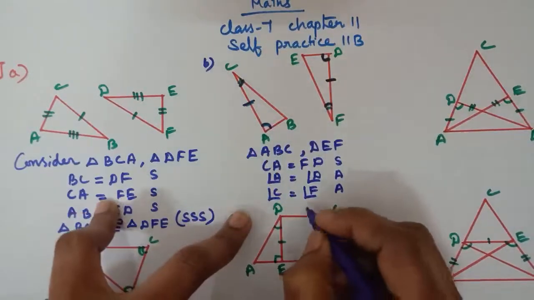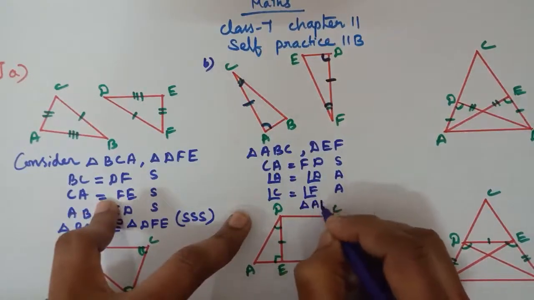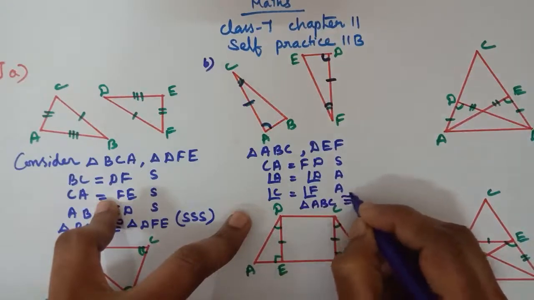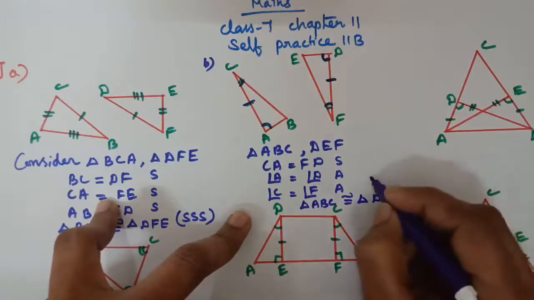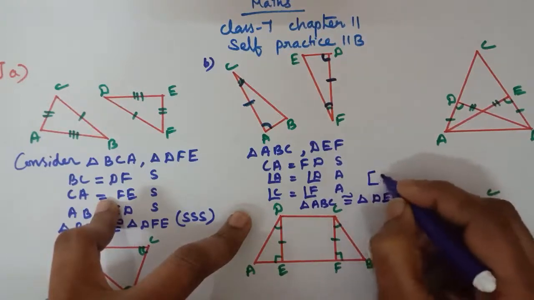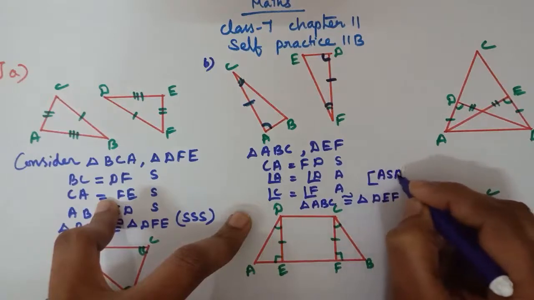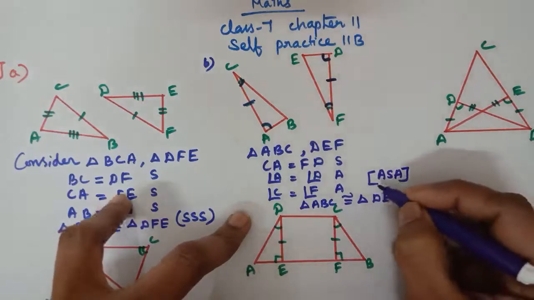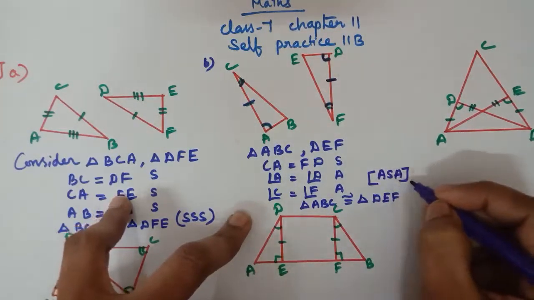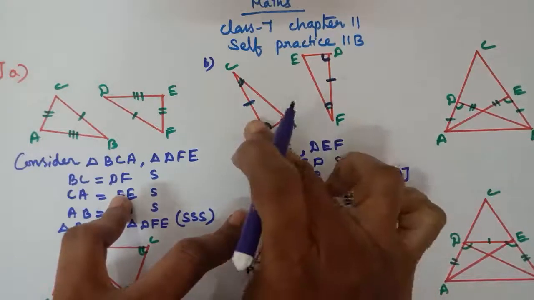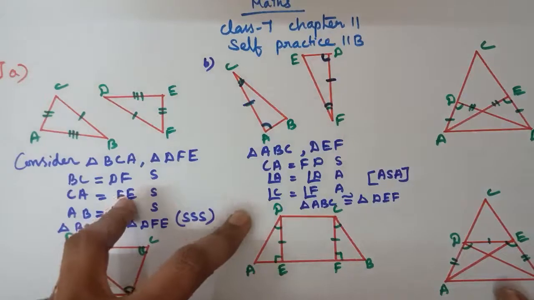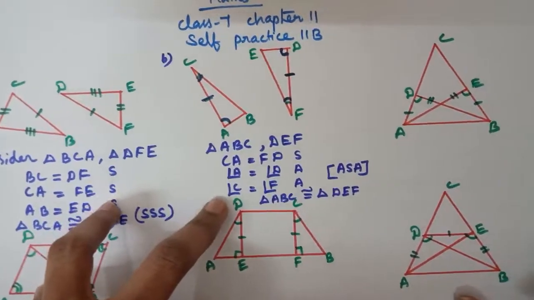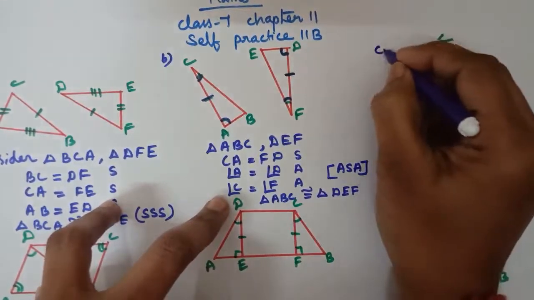So we can say triangle ABC is congruent to triangle DEF by using which congruence rule? Angle, side, angle. So by using the ASA congruence rule, we can say triangle ABC is congruent to triangle DEF. Is it clear? Now let's move to subdivision C.